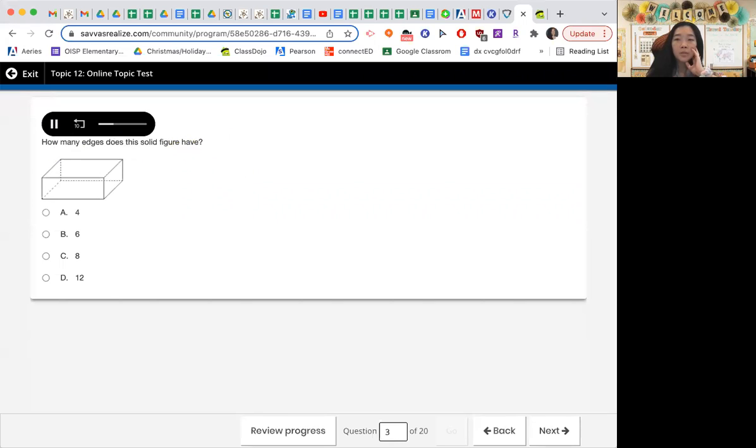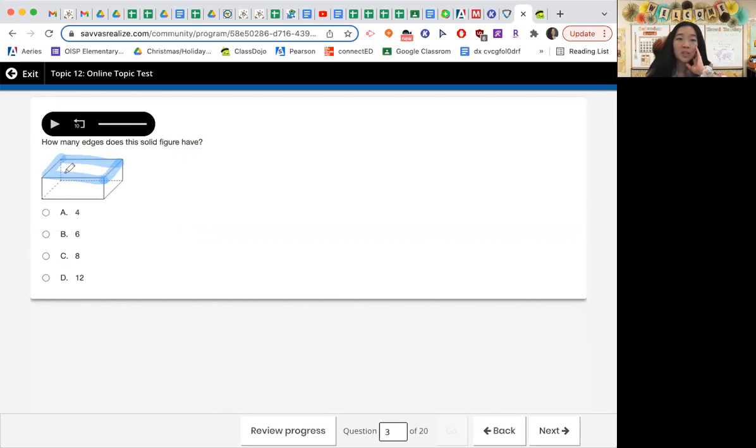How many edges does this solid figure have? So edges are these lines here. So we have 1, 2, 3, 4.